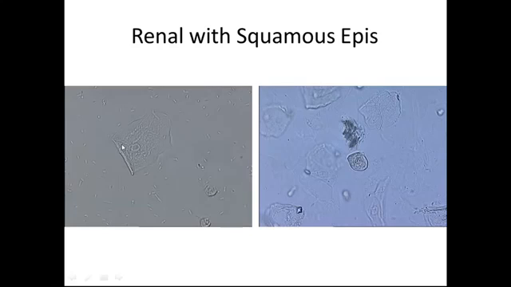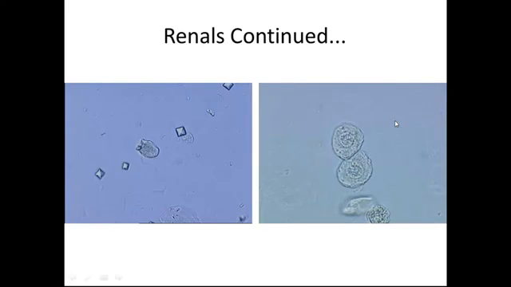And then we have squamous epithelial cells and then some renal epis here and some squamous. And then here are some more renal epithelial cells. And note that they are pretty regular in shape.